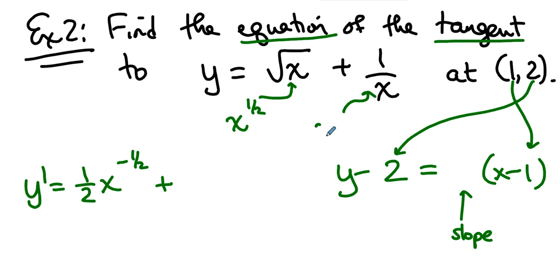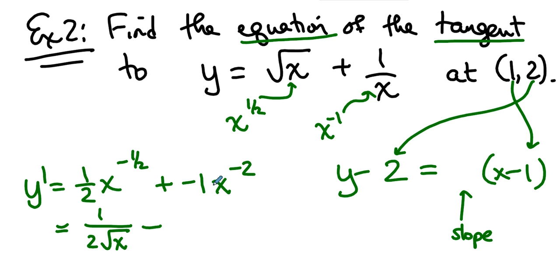Well, 1 over x is x to the negative 1. So when we find the derivative of x to the n, that's n x to the n minus 1. Cleaning things up a little bit, x to the negative 1/2 is an x to the 1/2 in a denominator, minus x to the negative 2 is an x squared in a denominator.